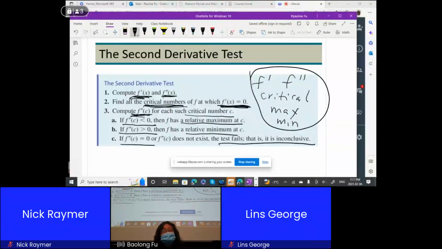To do that, we need the first derivative, the second derivative, and the critical numbers. The final objective is to determine if f has a relative maximum or a relative minimum.